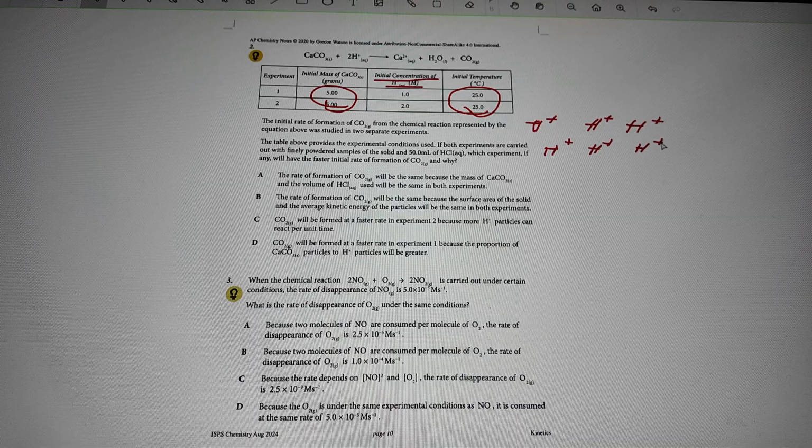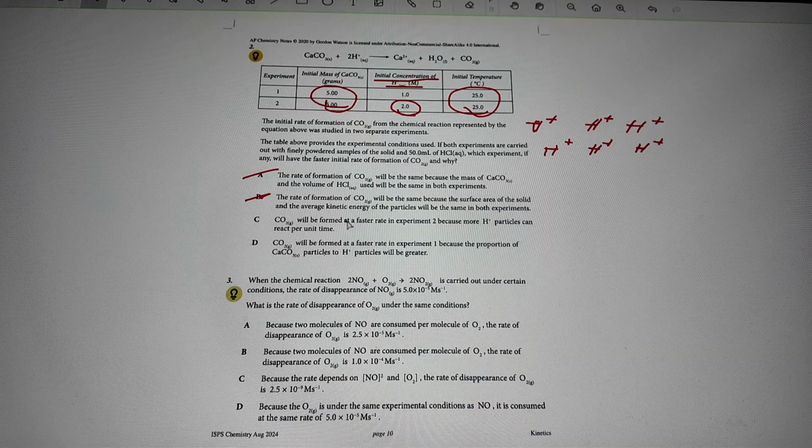So it won't happen at the same rate. It's like if there's twice as many people on a field than there are normally, you'll bump into somebody more often. So A is wrong, right? The rate of formation of CO2 will be the same because the surface area. No, it's not the same.